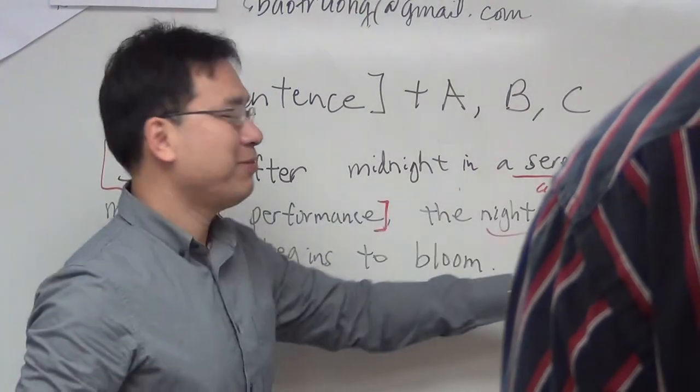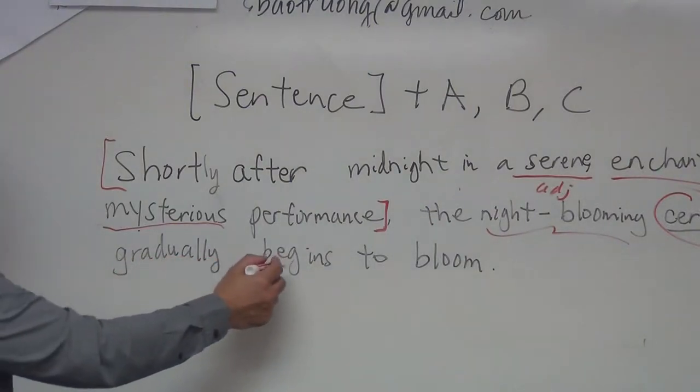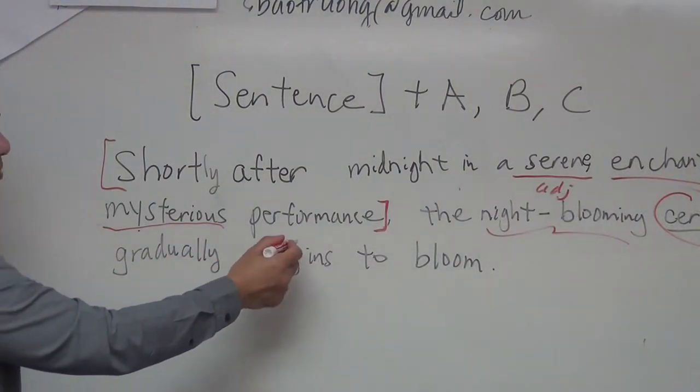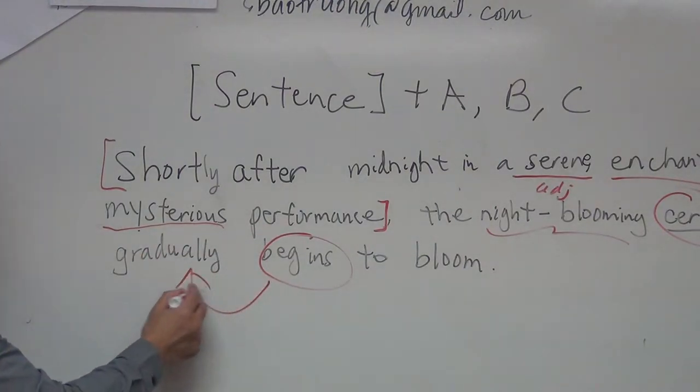We put a subject here, put adjectives here. Now we're down to here. This is an adverb. So what's the verb here? Begins, right? Remember I just said before, now you use an adverb. Begins to bloom.